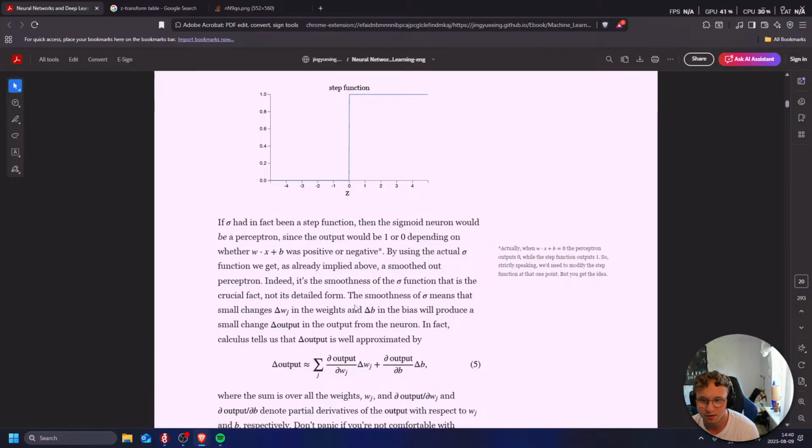The smoothness of the sigmoid function means that small changes delta w in the weights and delta b in the bias will produce a small change delta output in the output from the neuron. In fact, calculus tells us that delta output is well approximated by this one here.